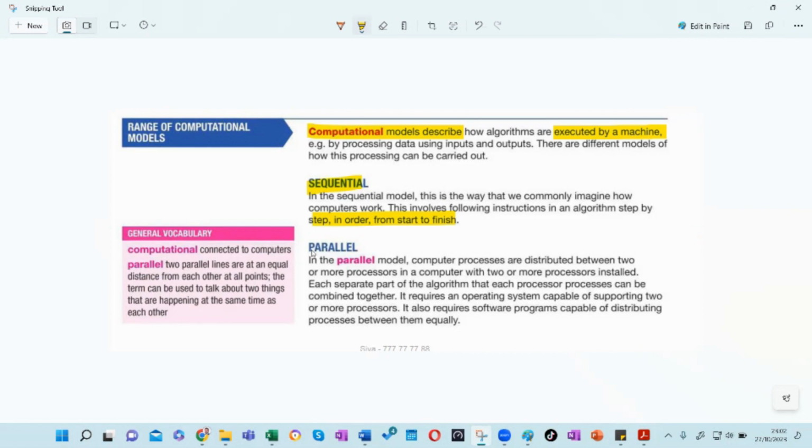Then comes parallel. Well, you know what parallel is. Computer processes are distributed between two or more processors. Now, what are these? Do you know what these are called? Modern day processor is actually a collection of small processors.